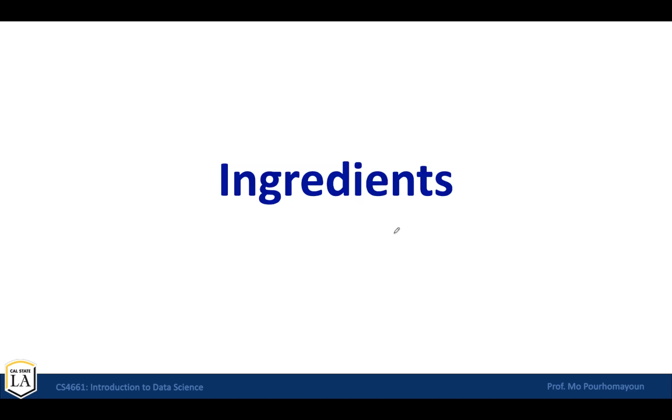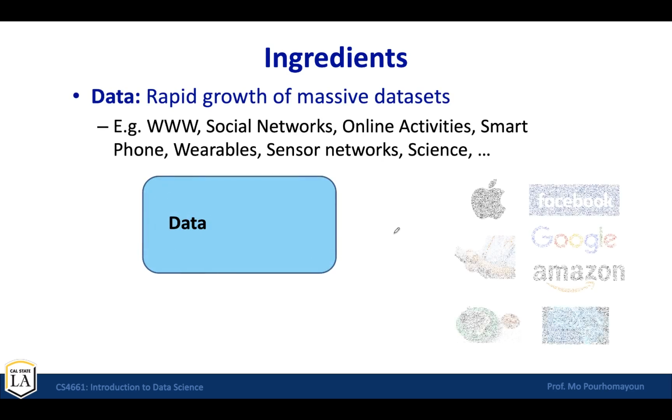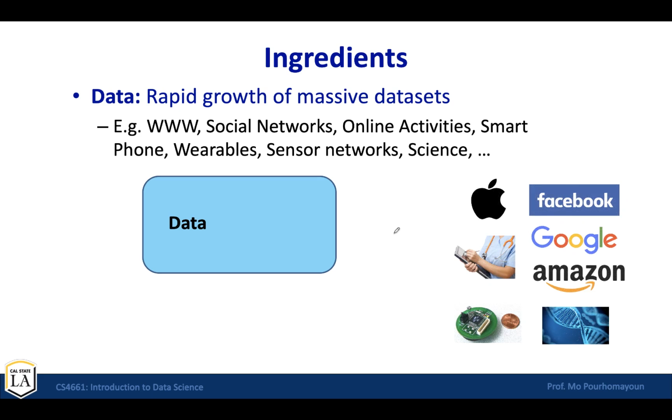Let me briefly talk about the ingredients of data science. There are three main components of data science that are required to do a real data science project. Of course the first one is data. You cannot do data science without data.